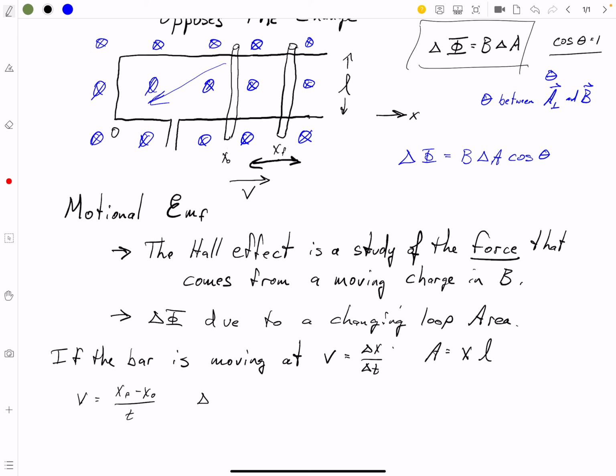Our delta A is equal to our length times delta x, which is equal to x final minus x initial.